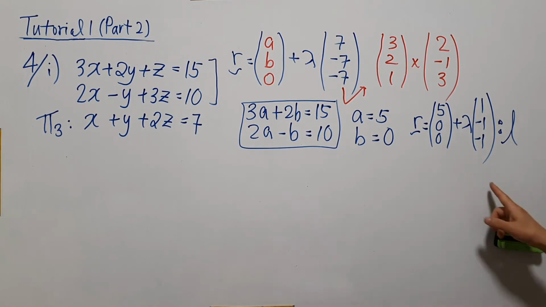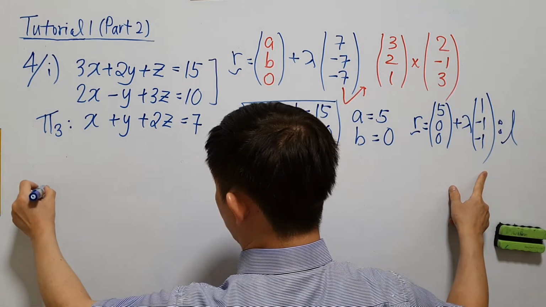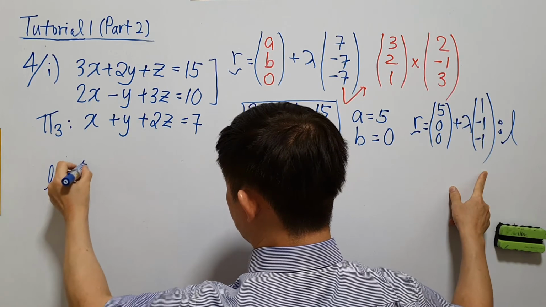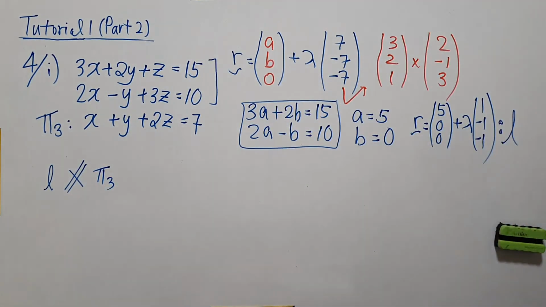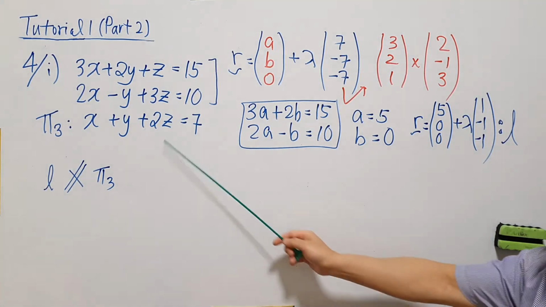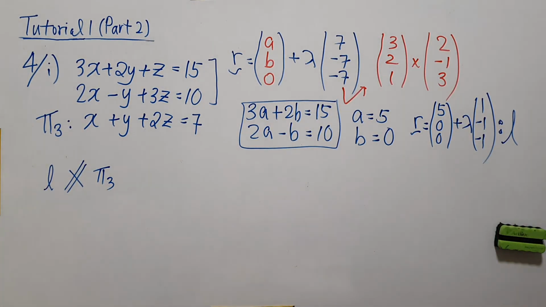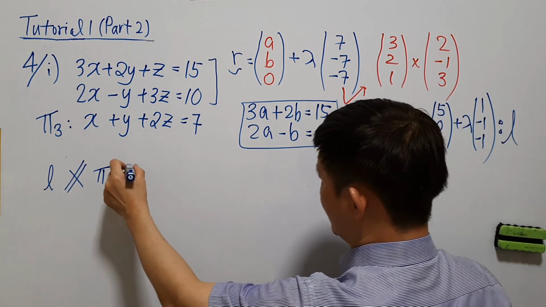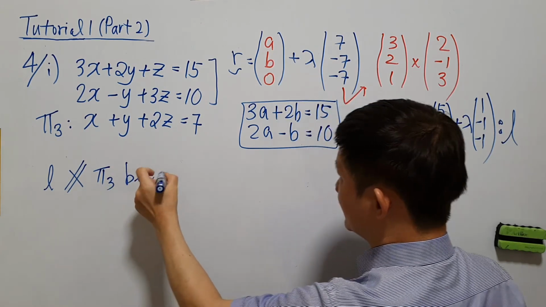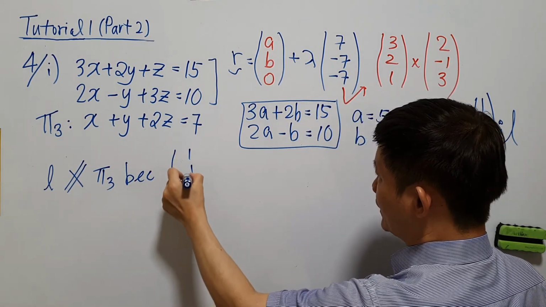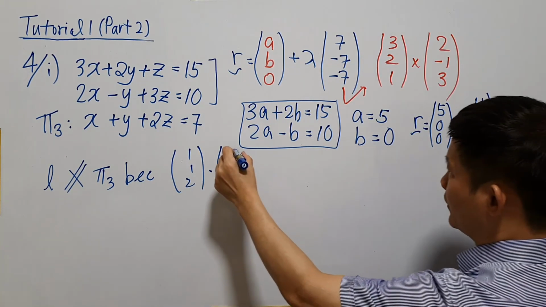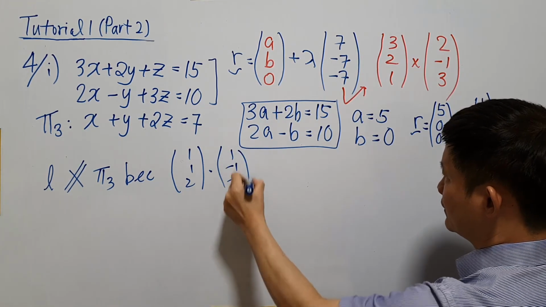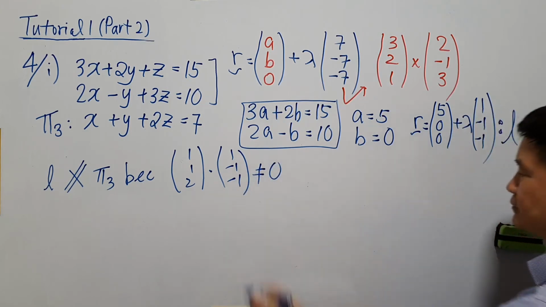So what you do is, you want to first and foremost check that the line and this plane are not parallel. Why are they not parallel? Because 1, 1, 2 dot with 1, minus 1, minus 1 is not 0.